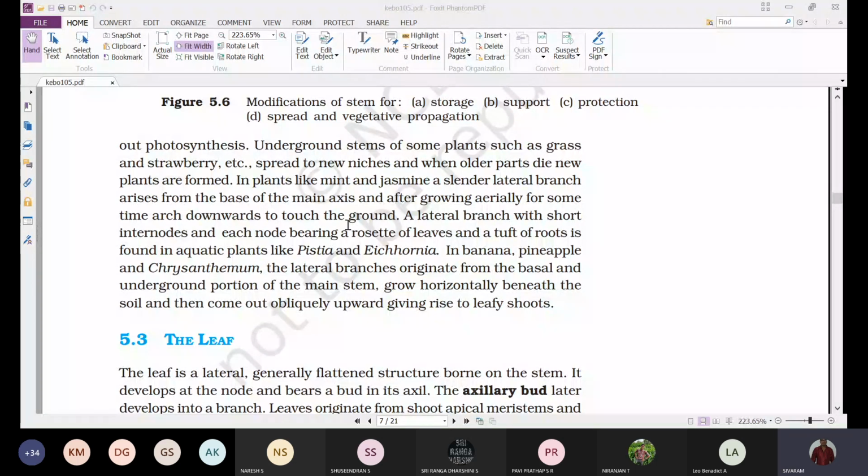Even when we go to the market and buy mint, that is pudina, they tie the mint twigs in a bundle and sell it. What are those twigs? These twigs are nothing but suckers. They will never cut the main plant.